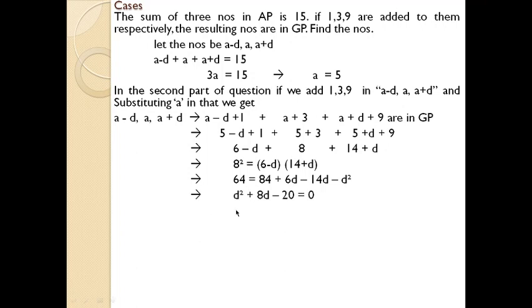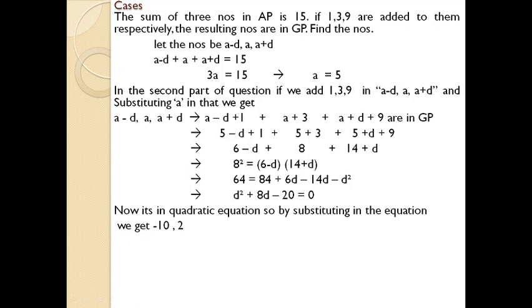By solving that, you will get d square plus 8d minus 20 equal to 0. Now we all know how to deal with this. It is in quadratic form. By using the quadratic formula, you will arrive at the values minus 10 and 2.